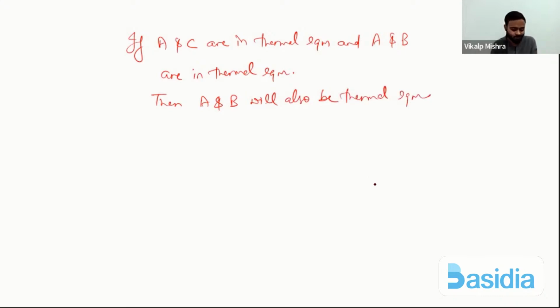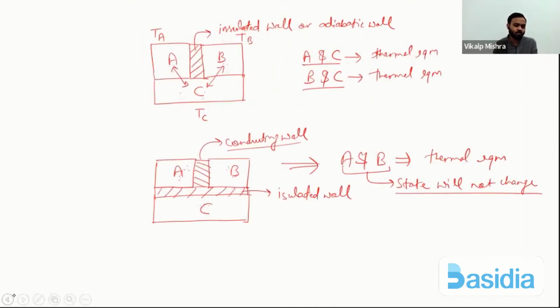It was so obvious. You can say, sir, what was in this? This was a very easy thing. There was nothing new here. If A and C are in thermal equilibrium, B and C are in thermal equilibrium, directly we can say A and B will be in thermal equilibrium.